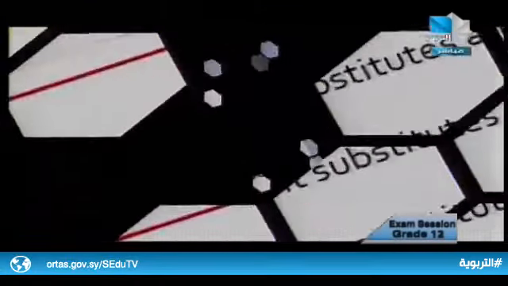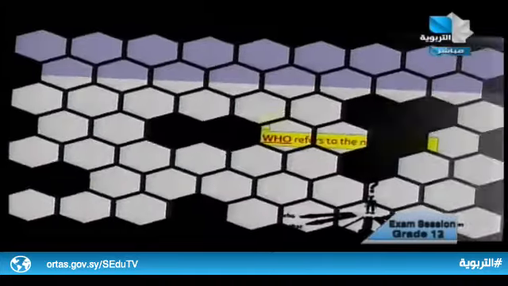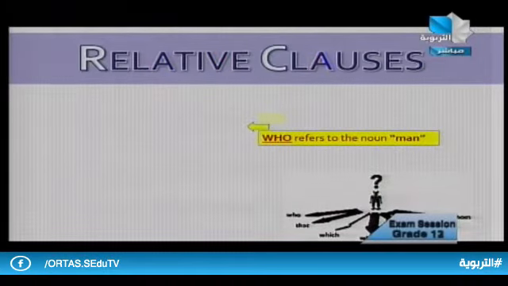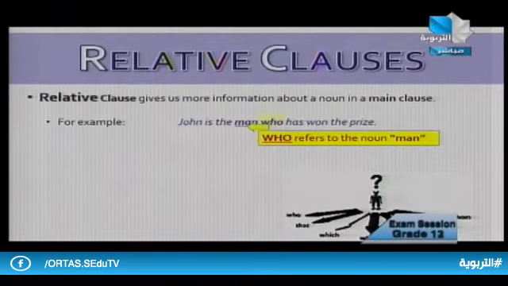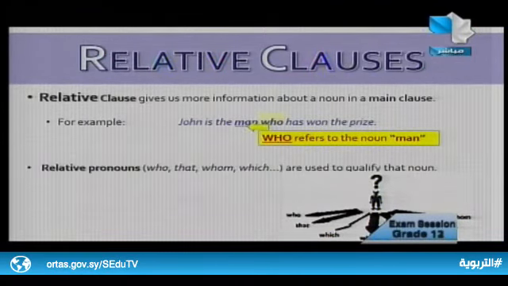We use relative clauses to give additional or necessary information about a noun in the main clause. For example, John is the man who has won the prize; who refers to the noun man. The relative pronouns mentioned are used to qualify that noun.